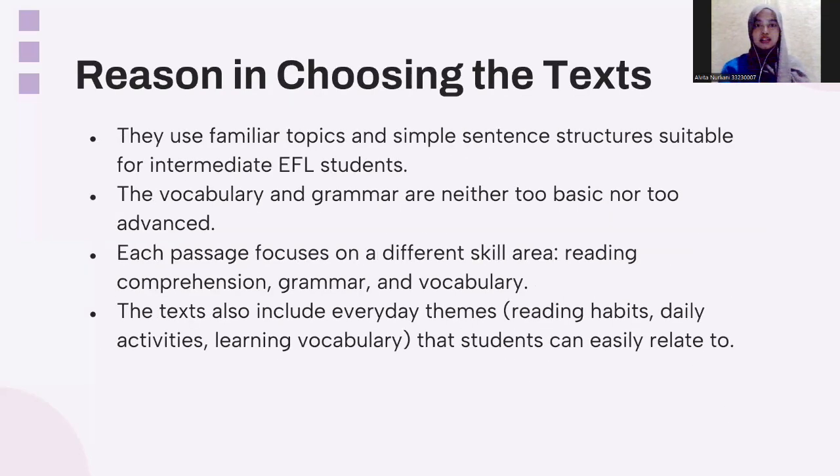And this slide explains the reason why I chose the 3 previous texts in the C-test design: they use familiar topics and simple sentence structures that suit intermediate EFL students, and also the vocabulary and grammar are neither too basic nor too advanced for their intermediate level. And then each passage focuses on a different skill area: reading comprehension, grammar, and vocabulary, and the texts also include everyday themes so that the students can easily relate to them.